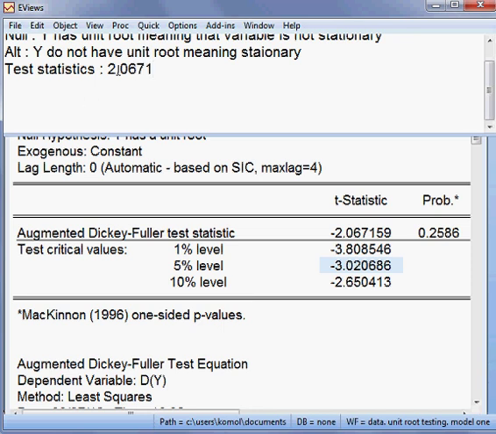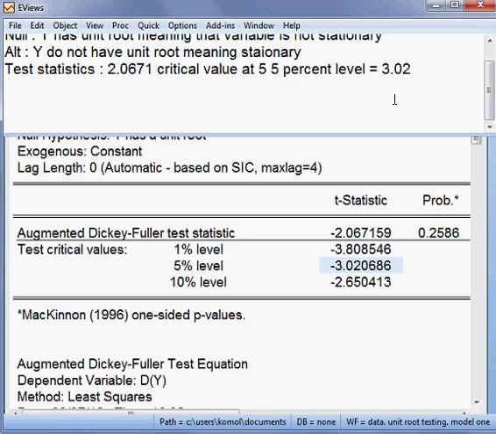That is an absolute value, meaning there is no negative sign. And how much is the critical value at the 5% level? It is 3.02, right?